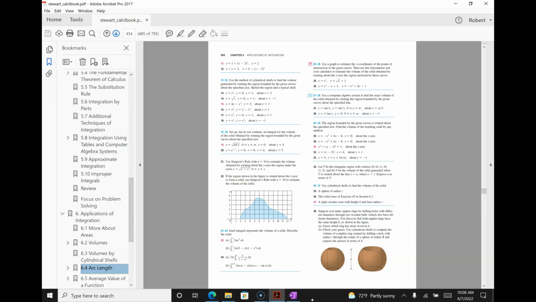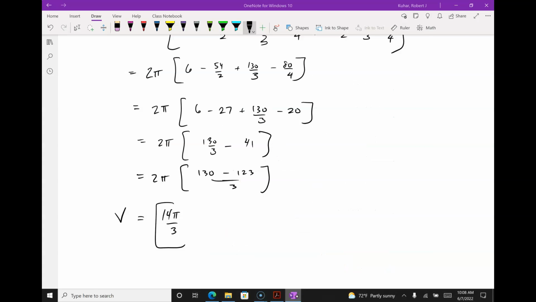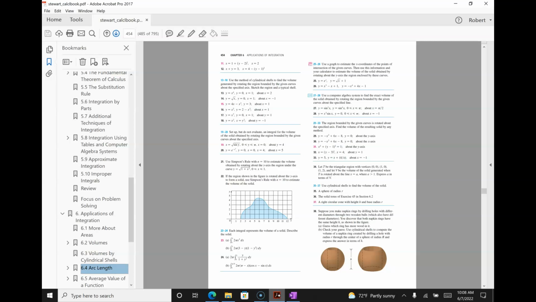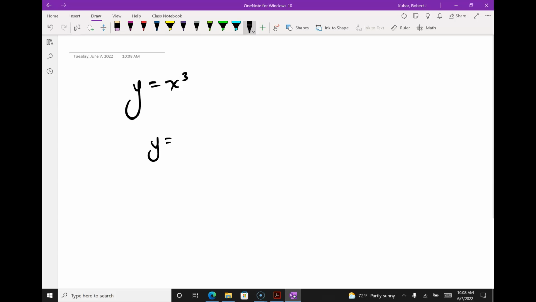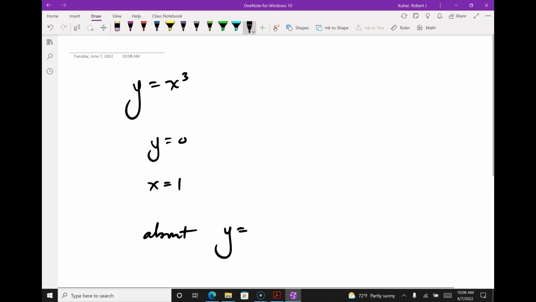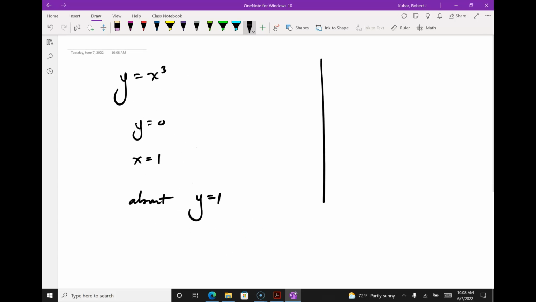So I've got y equals x cubed, y equals 0, x equals 1, about y equals 1. So a pretty easy one to graph, right? X cubed and 1.